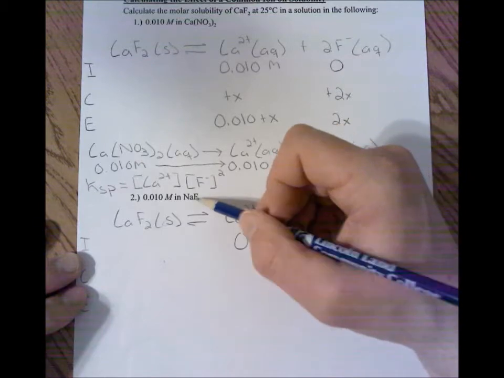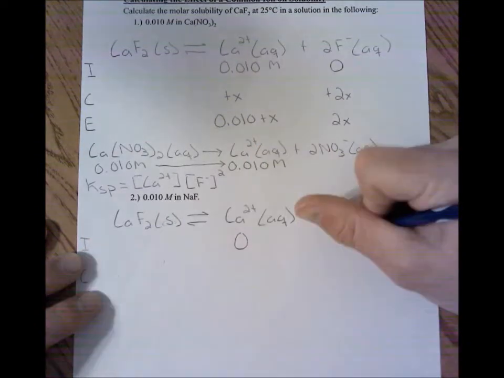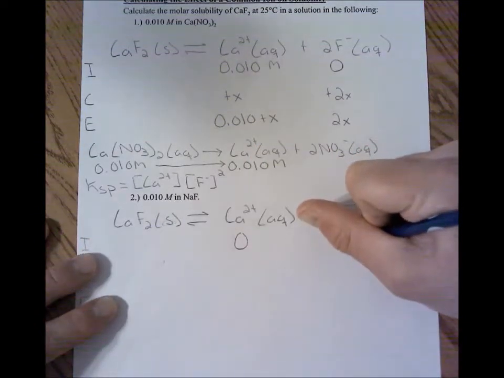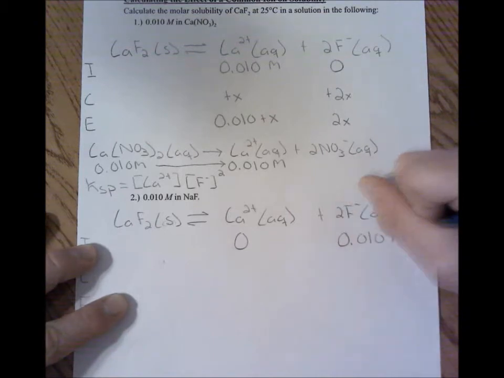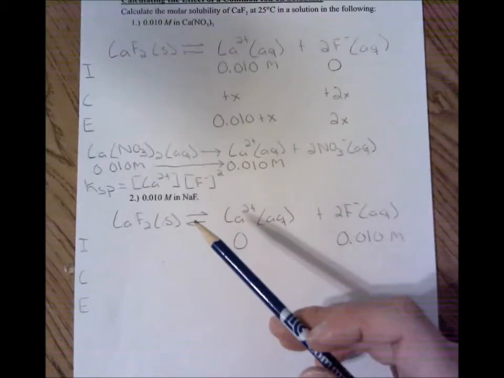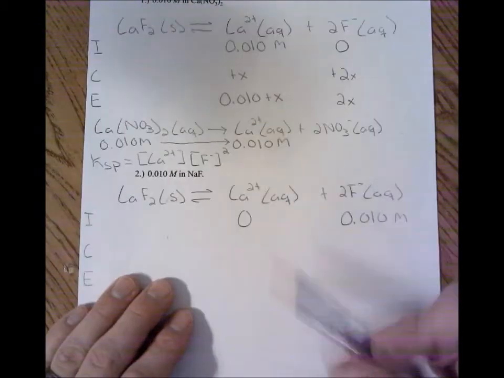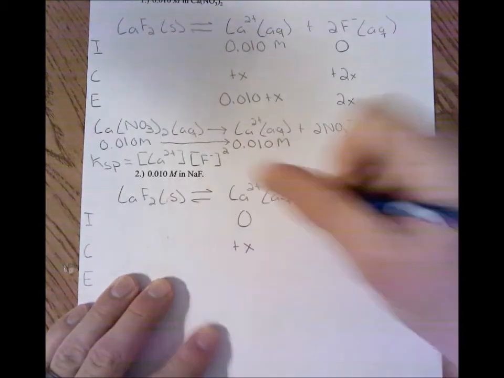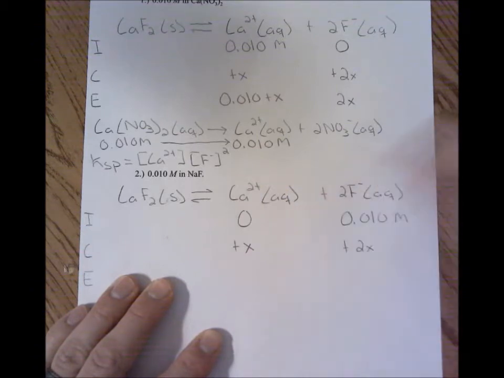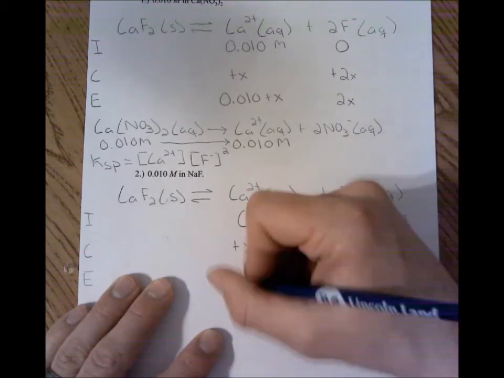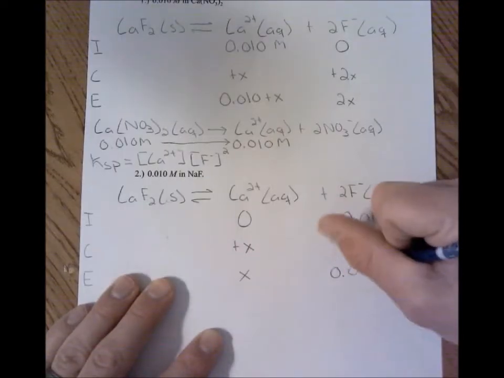Because this is a 1-to-1 ratio, we can assume that initially there was 0.01 molar concentration from that common ion. Over time, we will gain some amount x from our calcium and some amount 2x from our fluoride. So at equilibrium, we end up with x for calcium and 0.010 plus 2x for fluoride.